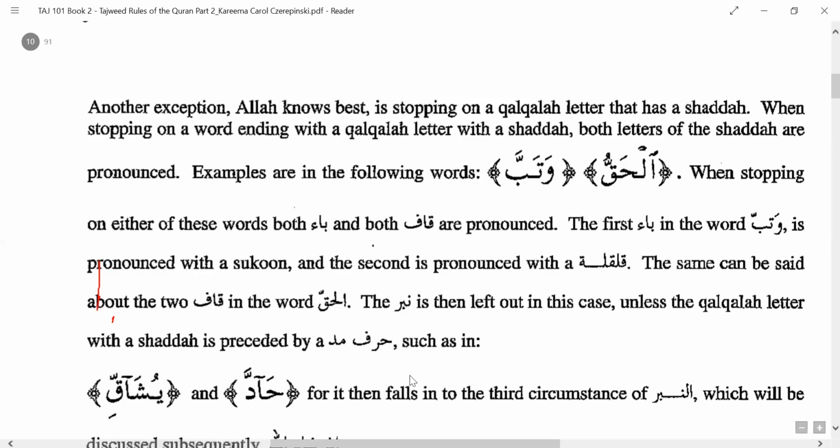Another exception, and wallahu alam, is when you stop on a qalqala letter that has a shadda. Qalqala was the last chapter in the previous book. There are 5 letters which have qalqala. They are commonly known in the term as qutbu jadin. That is qaf, ta, ba, jim, dal. Qaf, ta, ba, jim, and dal.